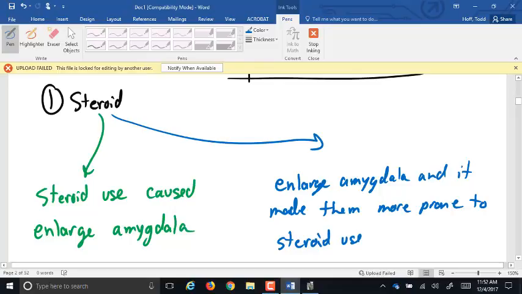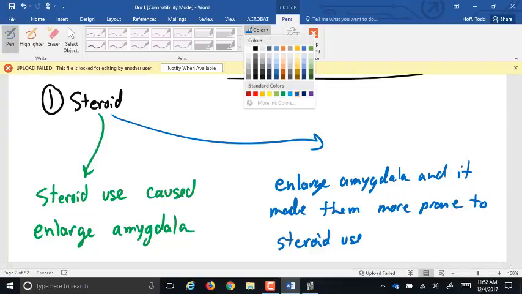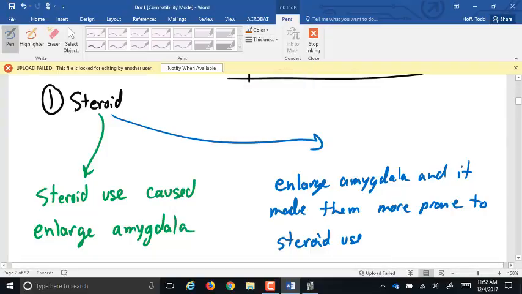Maybe having the enlarged amygdala makes you more sensitive to testosterone levels. Maybe having the enlarged amygdala makes you, for some reason, body image is more important to you because of that or whatever. So it's possible that the enlarged amygdala could cause the steroid use.